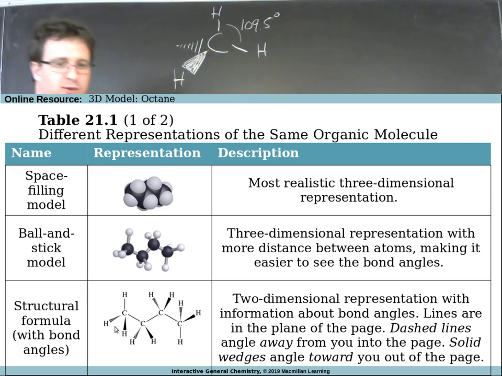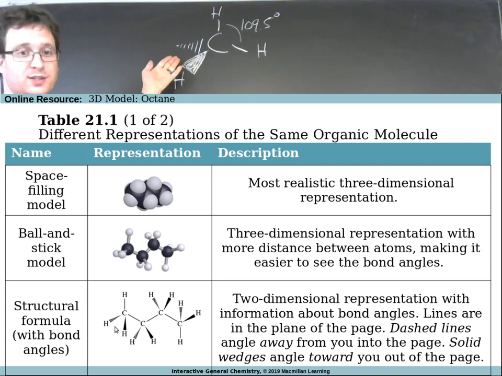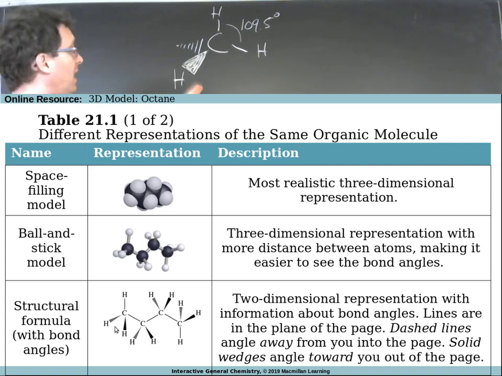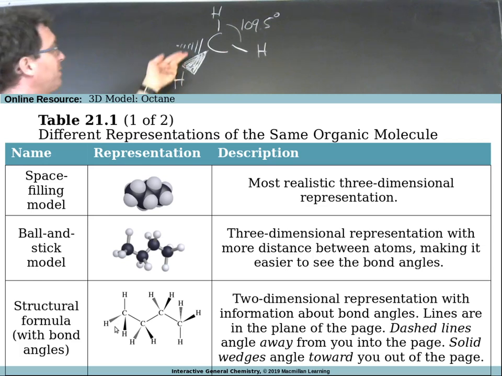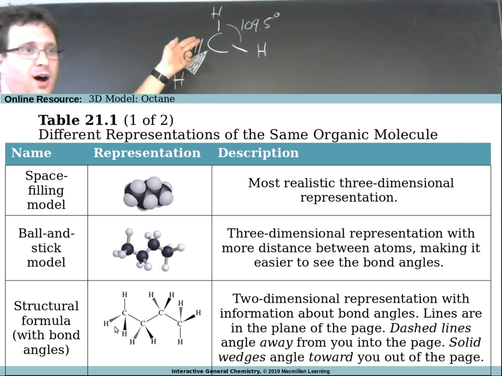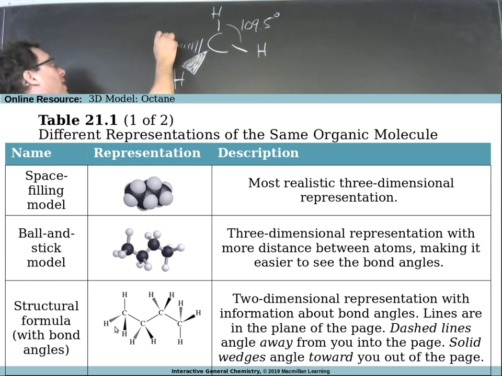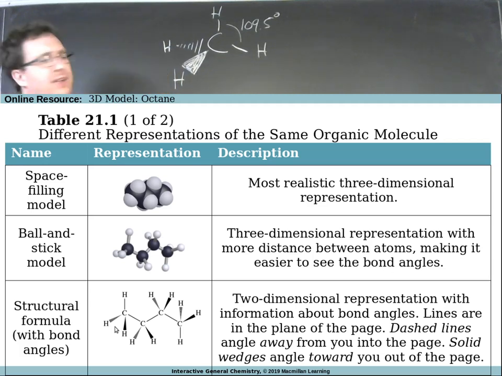I'm about the only person in the world that does this, but I think I'm right, so I will continue stubbornly to do it. When I draw dashes as opposed to the wedges, I like to put the wide end on the carbon and the narrow end out on the atom that's connected to the carbon.